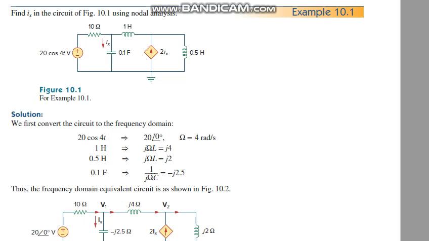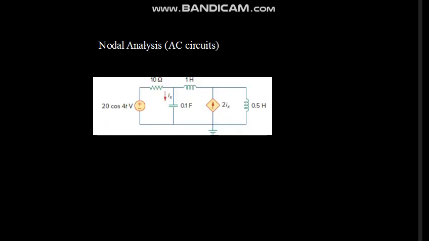Just look at the whiteboard. Here you can see the circuit. This is a node and this is another node. Why are these nodes? First of all we have to find the reference node, where the voltage is 0 volts.